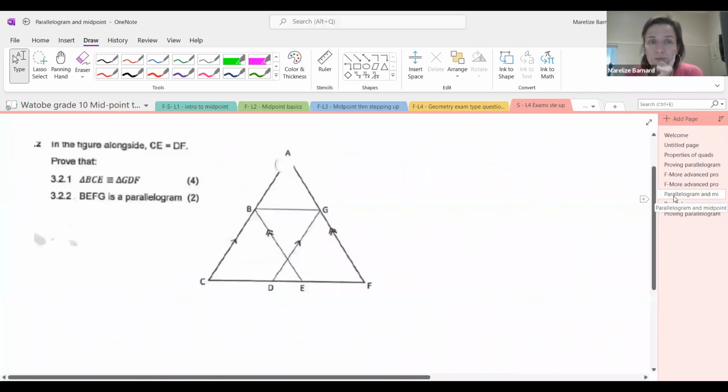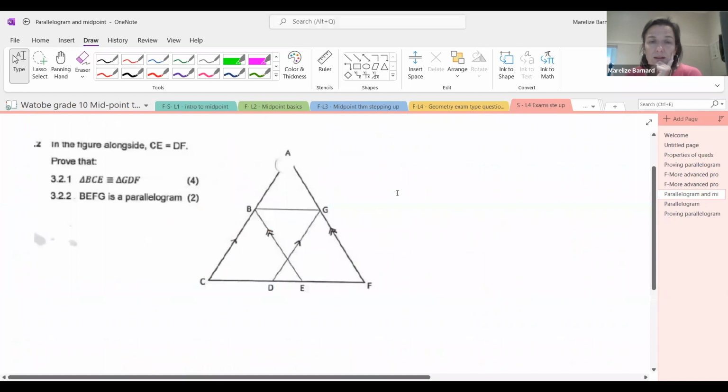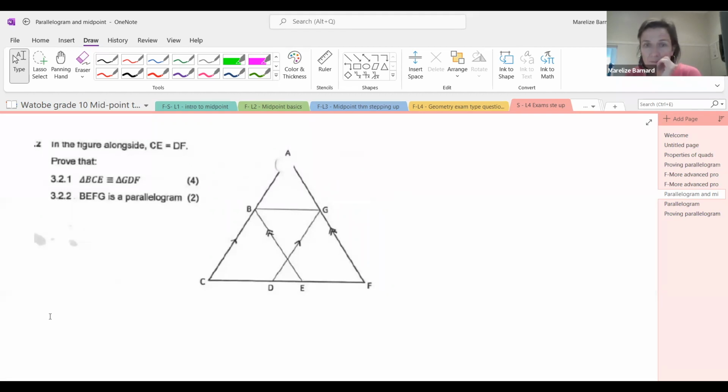Okay. Right, let's look at a question where we actually have to combine the midpoint theorem and the proving parallelograms and all of that together. Okay, next question's up. It's probably going to be our last question for this evening, so give it your best. As always, I'm going to give you about 3 minutes to think about it and strategize.